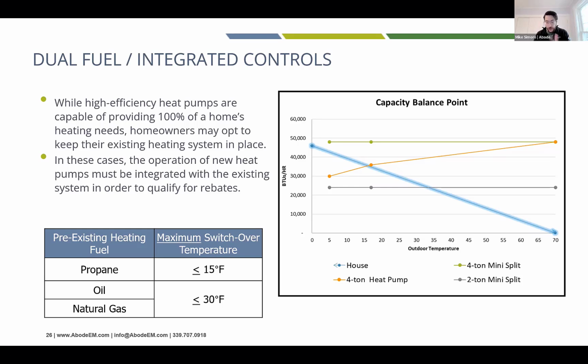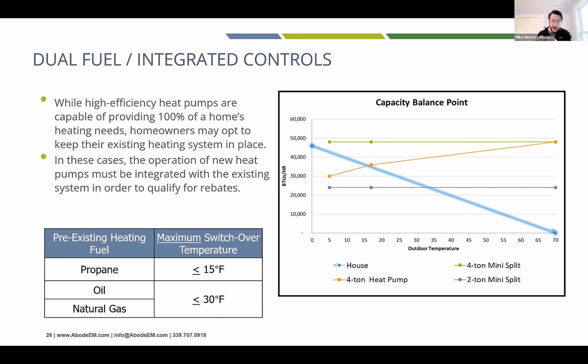And to get the whole home heat pump rebate, you need to design a heat pump system between 90 and 120% of the building's heat load. So I do have a general argument that nobody should ever be pursuing the dual fuel rebate for propane, because if you are configuring the system as Mass Save wants it to be, by default you pretty much have enough heat pump capacity to be heating the whole home.